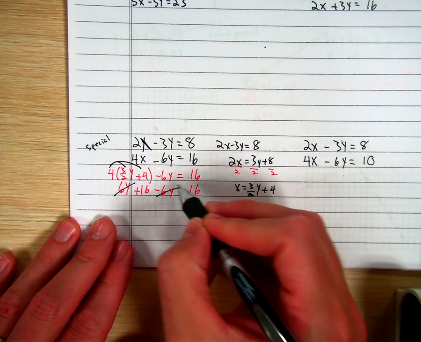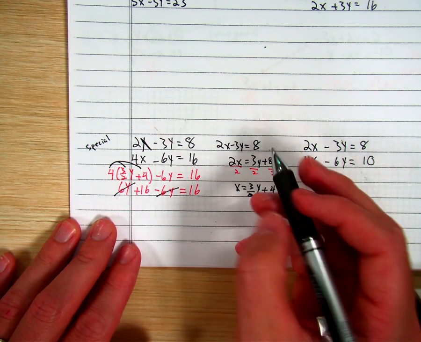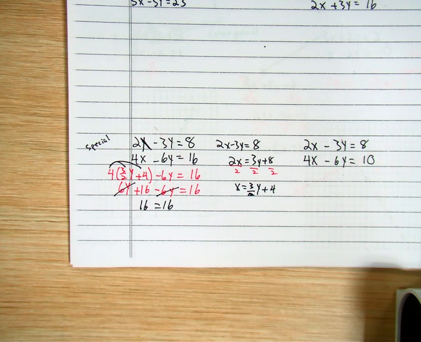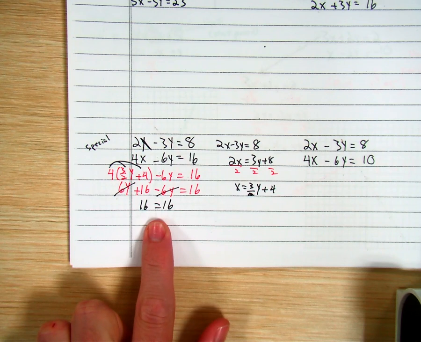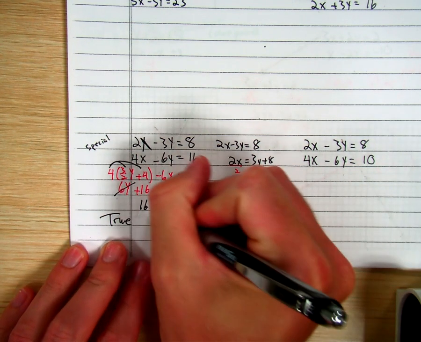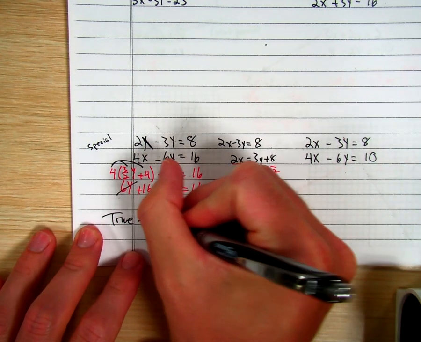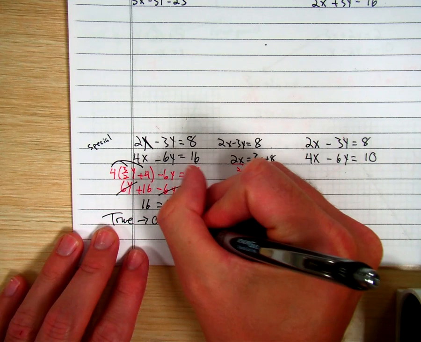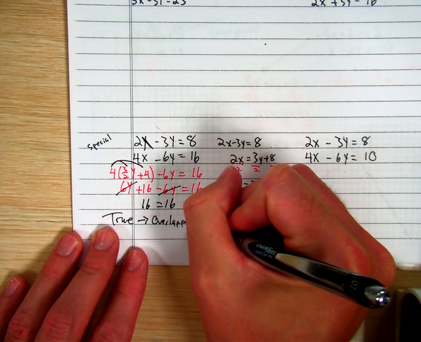Plus 6y minus 6y cancels, and we have 16 equals 16. Where'd the letters go? There's no letters. There's no x or y. Yikes. So if you lose all the letters or variables and you just get down to numbers and it's a true statement, 16 equals 16, that means they are the same line, they're overlapping lines.